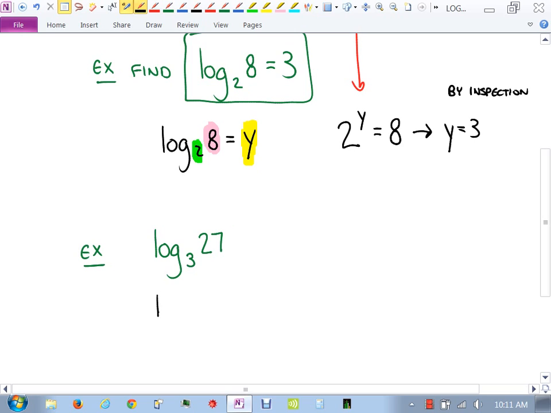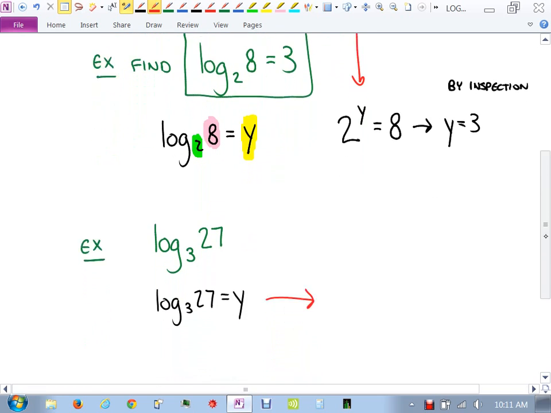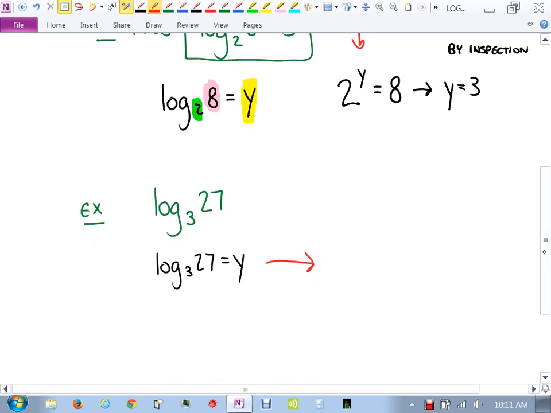So I'm going to first write this as log base 3 of 27 equals y. And now switch it into the other notation. In other words, do that one in red up there, b to the y equals x. What's b for us here? 3 to the y equals 27.